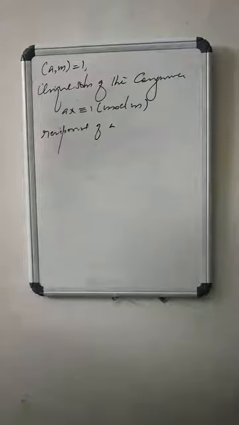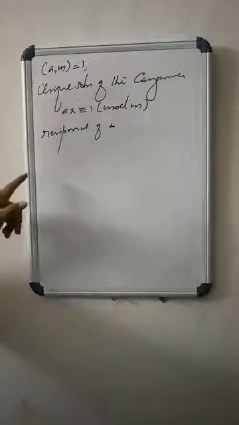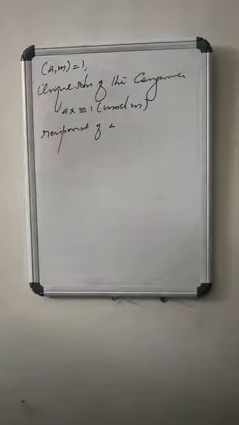It's an important definition. The unique solution of the congruence ax ≡ 1 mod m is said to be the reciprocal of a mod m when a and m are relatively prime.